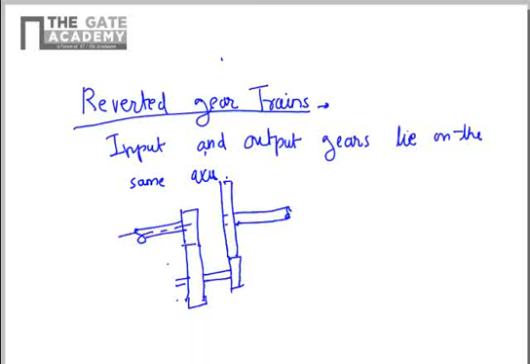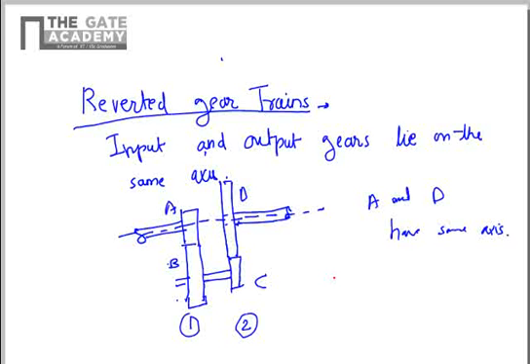So if you draw the axis here, both will be in the same line. A is the input, B is the output of the first gear train, C is the input of the second gear train, and D is the final output. So A and D have the same axis.